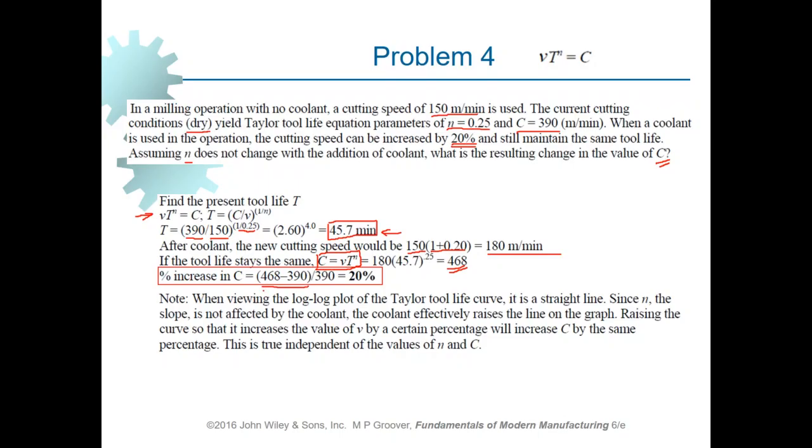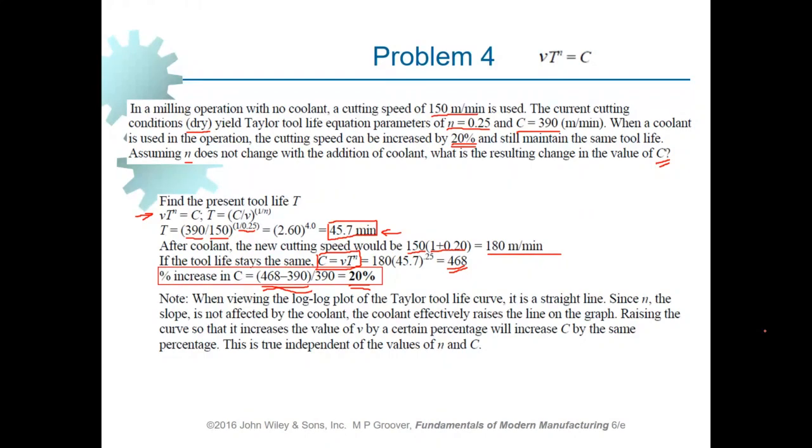If we compute the difference between this new value of C and the one given before for dry machining, it gives us a 20% increase in the value of C. This is what was expected, as C will increase by the same amount as V was increased. So V increases by 20%, and C also increases by 20%. That is what is concluded from this problem.